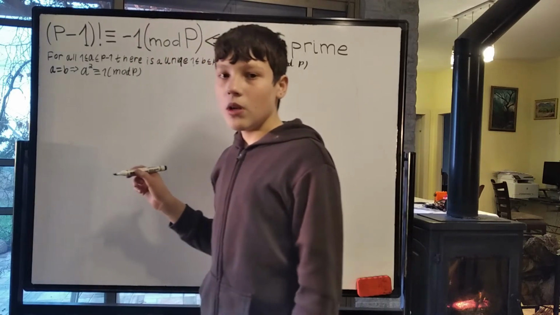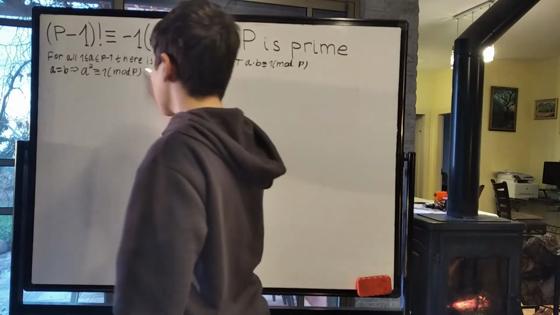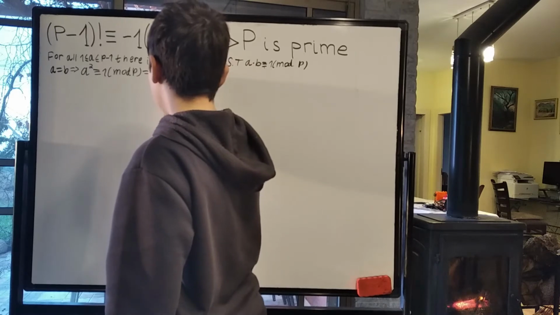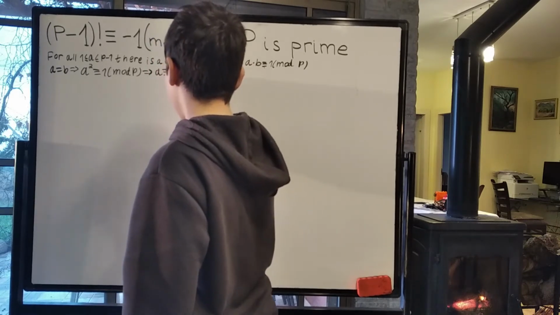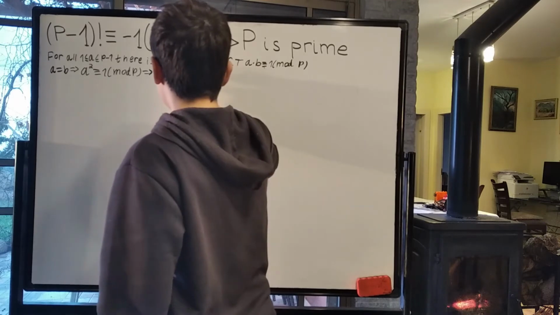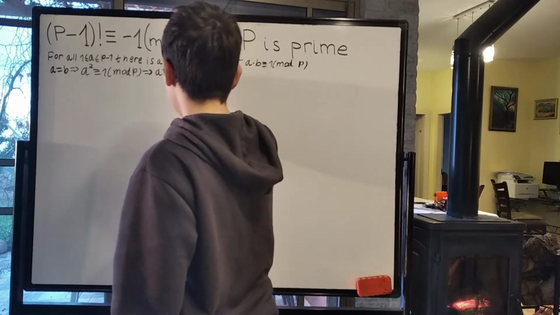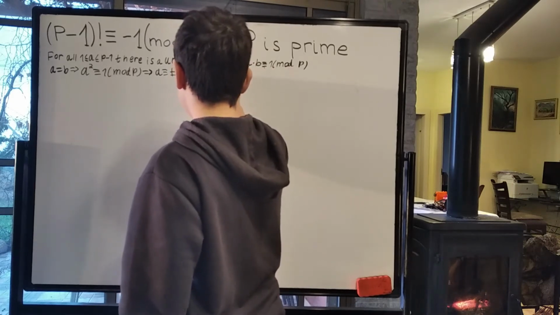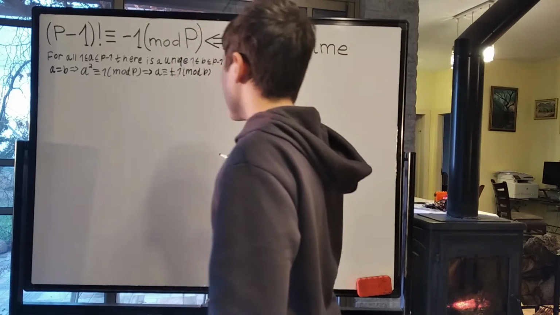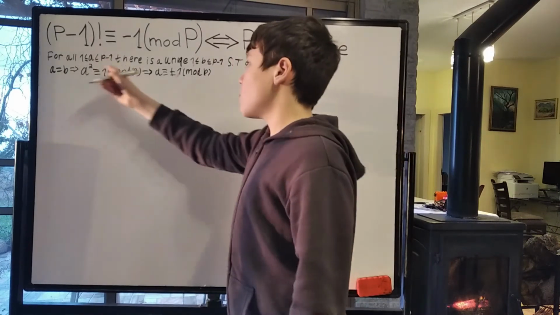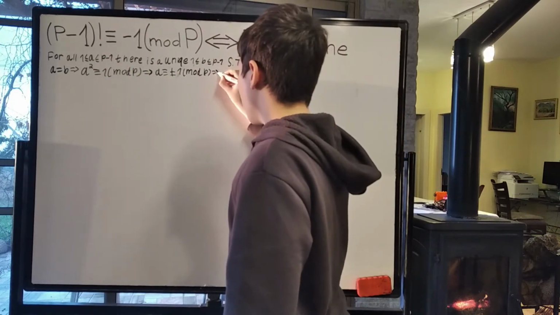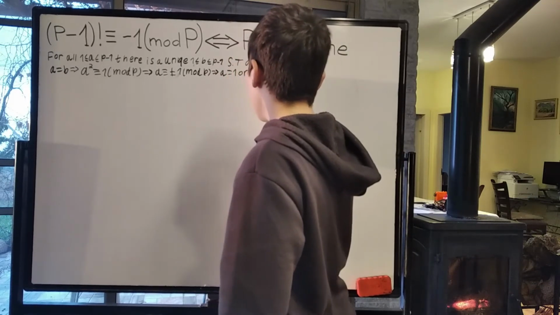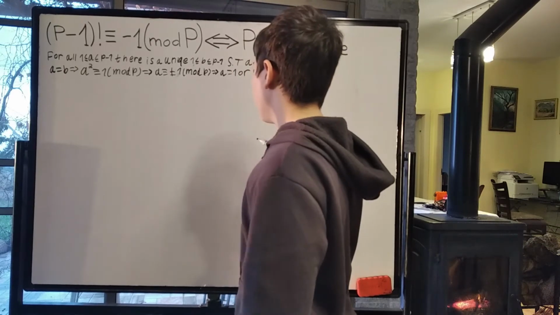But now we can take the square root to get that A is congruent to plus or minus 1 mod P. Because A is between 1 and P minus 1, we get that A is equal to 1 or P minus 1.